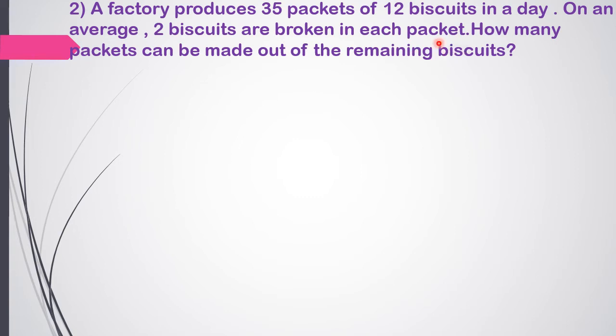A factory produces 35 packets of biscuits in a day. Each packet contains 12 biscuits, but in each packet 2 biscuits are broken. So now we have to find the remaining biscuits. Then we have to find how many packets can be made.